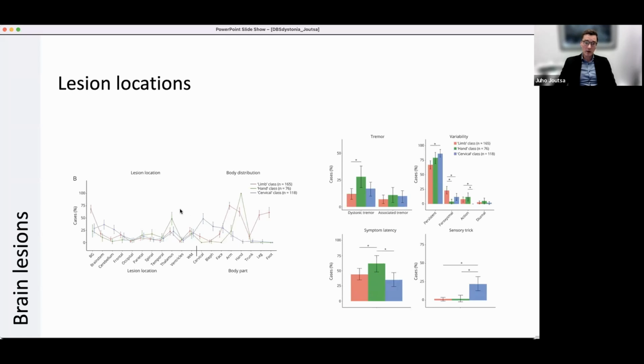This was done by using a latent component analysis, looking at whether the data could be split into different classes based on the lesion location and affected body regions. When adding the distribution of dystonia, focal, segmental, generalized, and so forth, to the model, it didn't result in any specific classes.